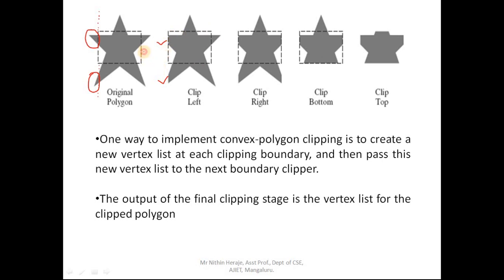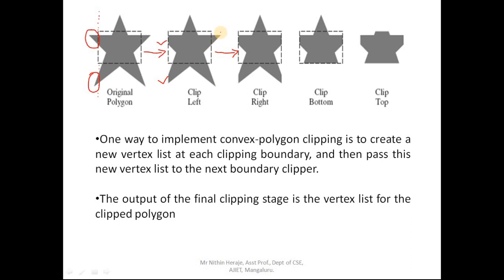The original was given as the input here. Next, this left clipped polygon will be given as the input for the right clipping, and you will get the new edges. Instead of two edges, you now have 4 edges. Here you perform a right clip.